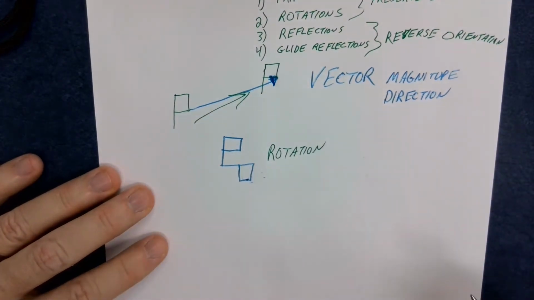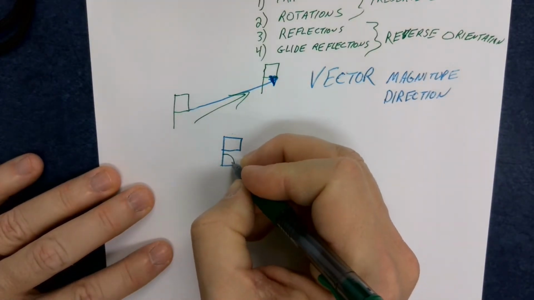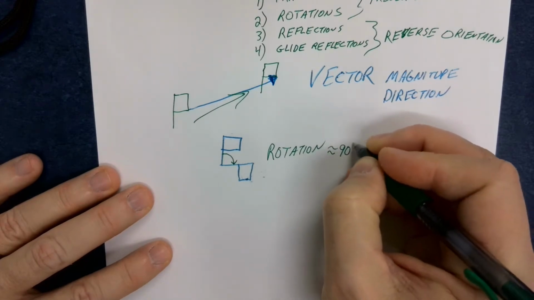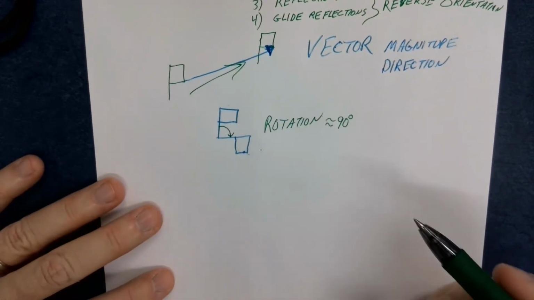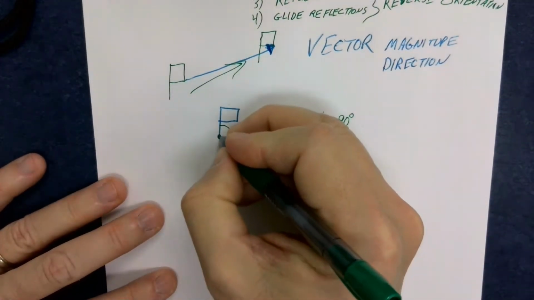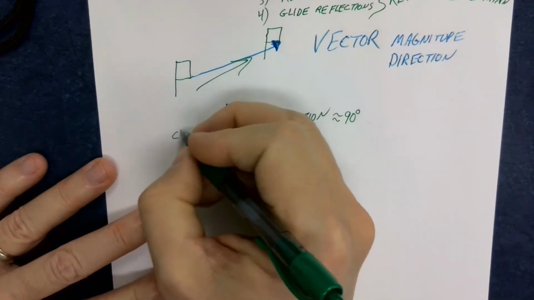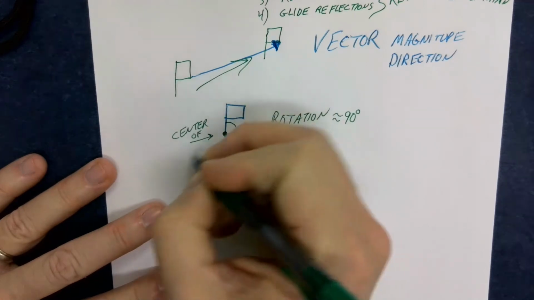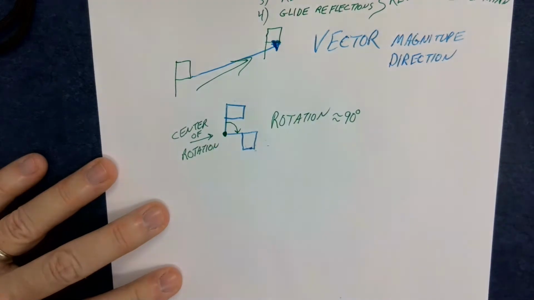We have a couple of key things with rotations. We want to know how far it rotates. This one definitely looks like it's approximately 90 degrees. I'd have to put a right angle in there to know for sure that it's 90 degrees. And also, we have this dot right here, which is called the center of rotation, which simply means that that's where it's spinning around.